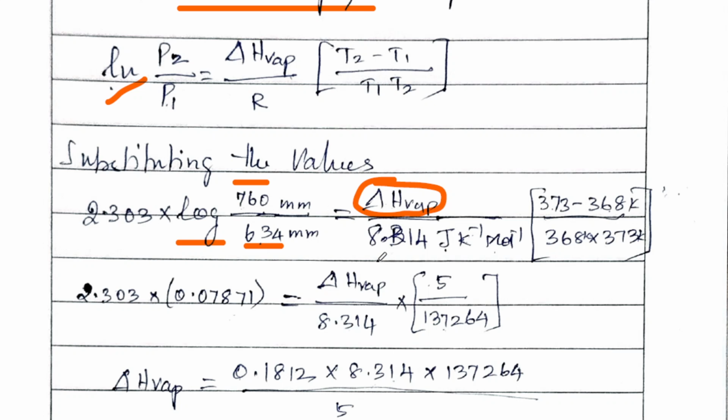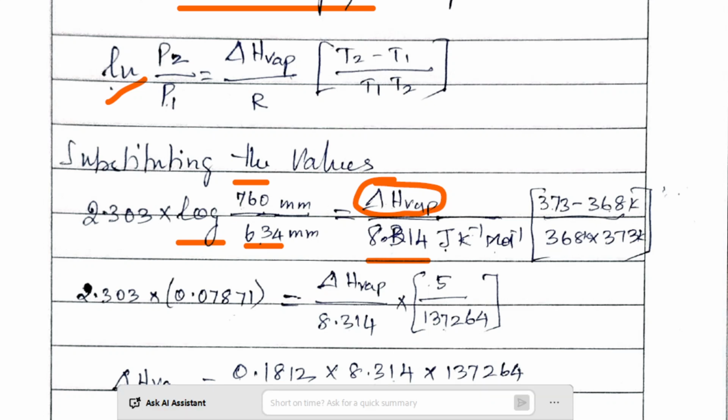And the R value we know is 8.314 joule per Kelvin per mole, and we know the temperature T2 is 373 and T1 is 368, divided by T1 into T2, and therefore 368 into 373.